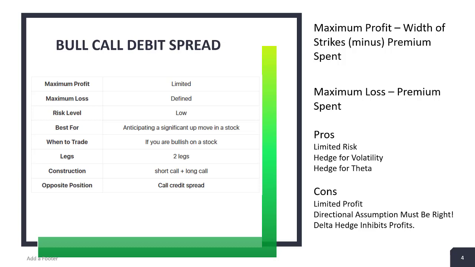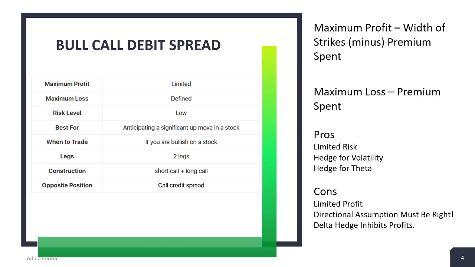Seems like you're putting these two legs, basically what you're doing, yeah, is you're lowering your delta. Yeah, absolutely. You're lowering your delta on the trade. You're lowering your theta on the trade. You're lowering your risk to volatility, and you are capping your potential profits.